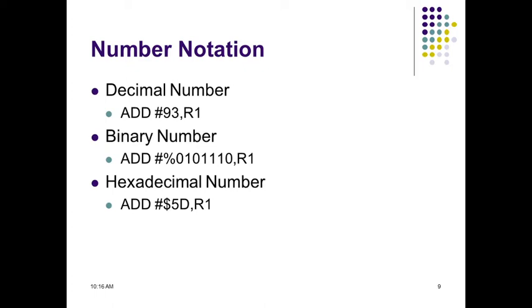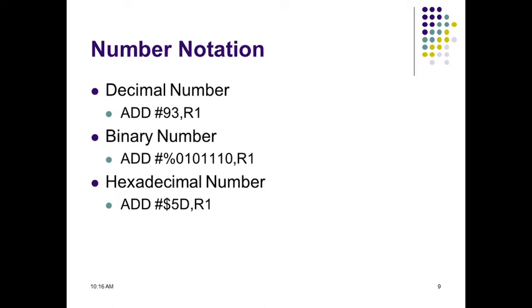Most assemblers will allow numerical values to be specified in different ways, using the conventions defined by the assembly language syntax. For example, consider the number 93, which is represented by the 8-bit binary number 01011101.